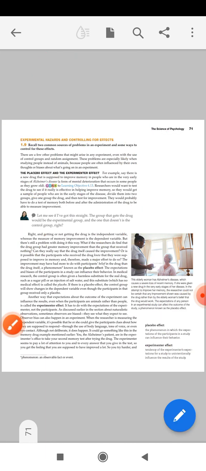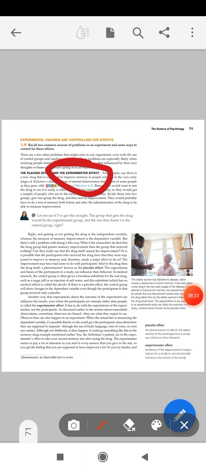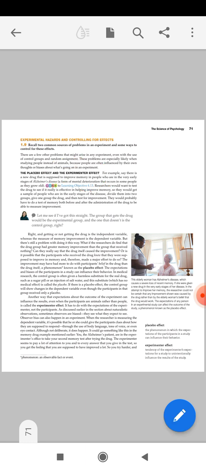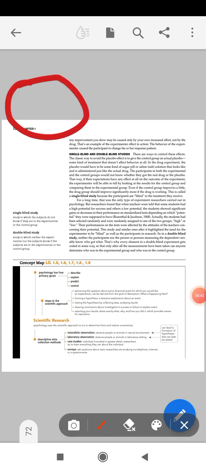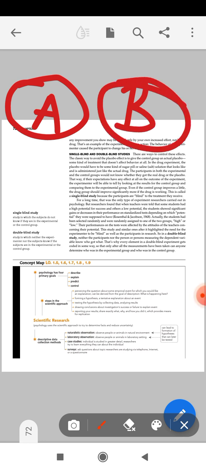But there is also a second problem, the experimental effect. How are you going to eliminate the observer or experimental effect? A simple solution is to perform a single blinded or a double blinded study. What is a single blinded study? Suppose there are two groups, group A and group B. In a single blinded study, your participants are not aware whether they have been given an actual drug or not.